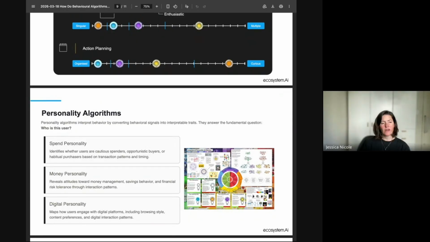Yeah, so looking at the personality algorithms, we just listed 3 over here, and these are the 3 primary ones from us at Ecosystem AI. So Eric has just talked us through how you can understand or define the digital personality. It can be used to map quite well to app interactions.